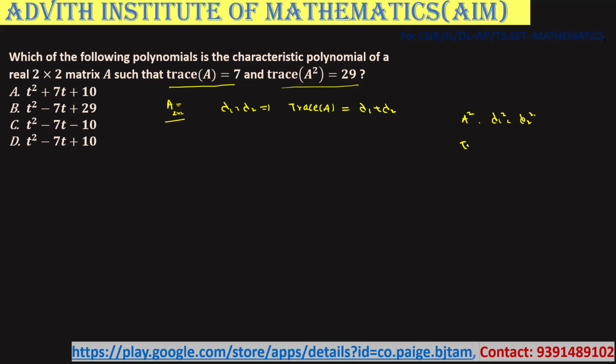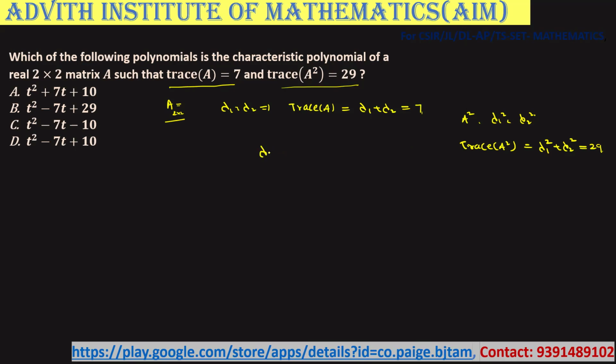So therefore the trace of A square is equal to the sum of its eigenvalues, lambda 1 square plus lambda 2 square. So trace of A is 7 and trace of A square is equal to 29. So now we need to find the characteristic polynomial of A.